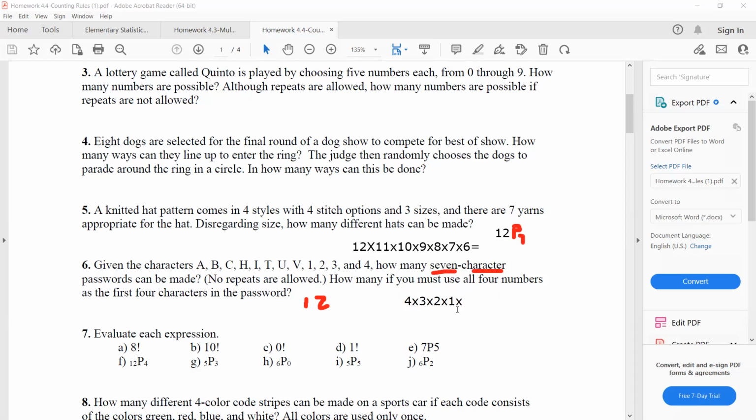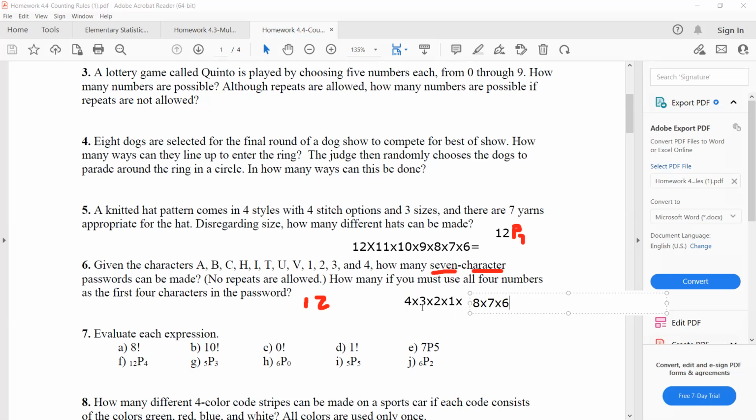So I have 8 characters for the first part of the alphanumeric part of the password, times 7, times 6, because I'm doing the last 3.